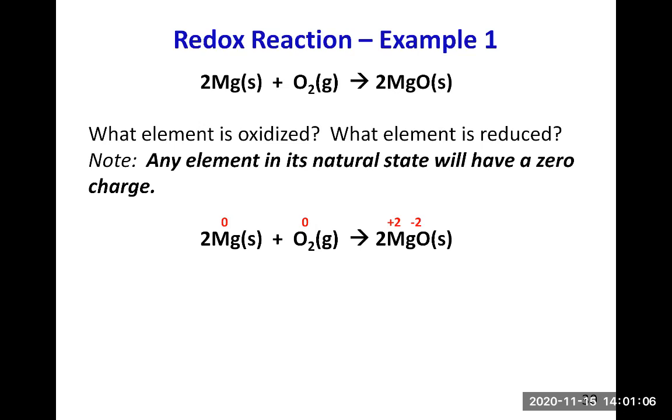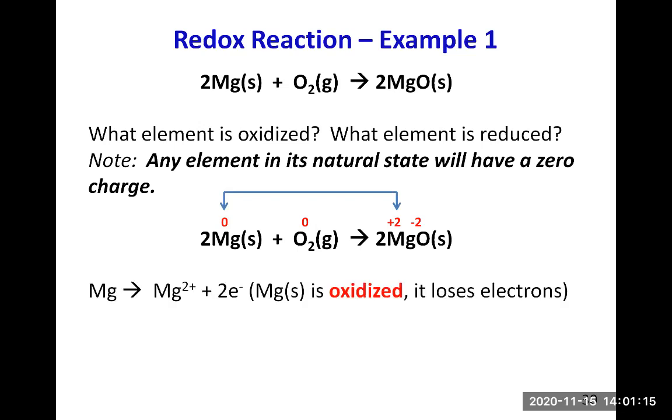Magnesium goes from an oxidation state of 0 to an oxidation state of 2+. If we write this, magnesium becomes magnesium 2+. When magnesium becomes the cation magnesium 2+, it's because it has lost 2 electrons, right?